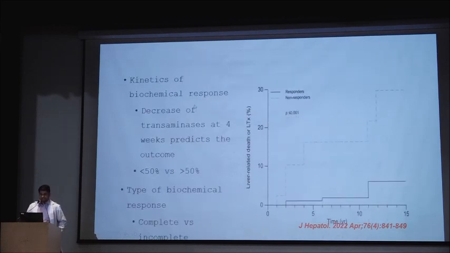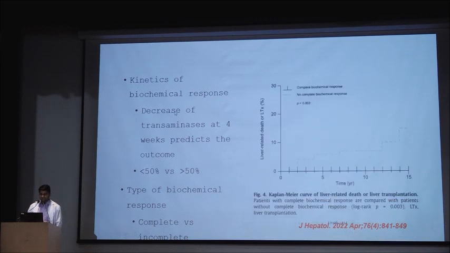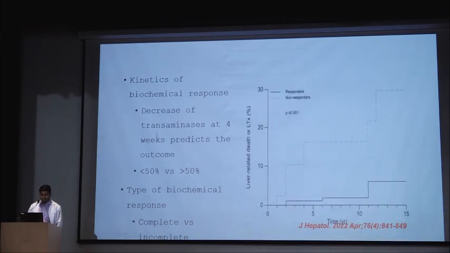So, the kinetics of biochemical response not only determines persistent response, but also determines liver-related death, which is higher in non-responders as compared to responders.